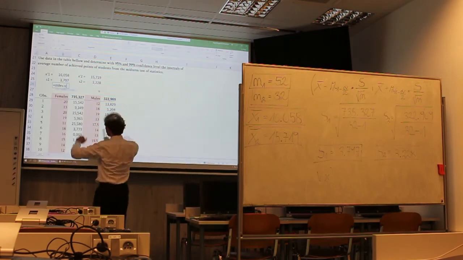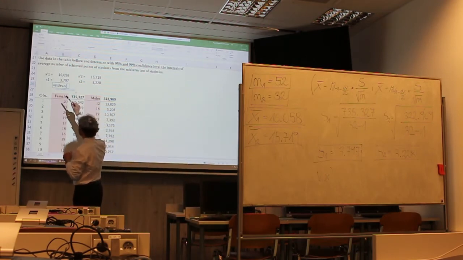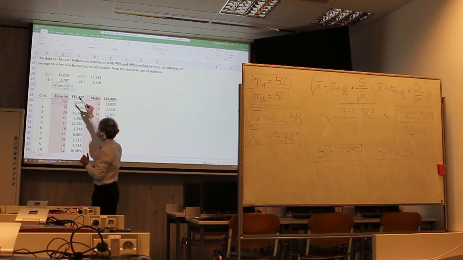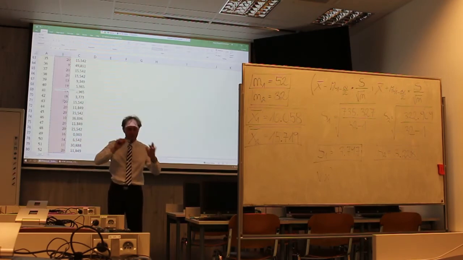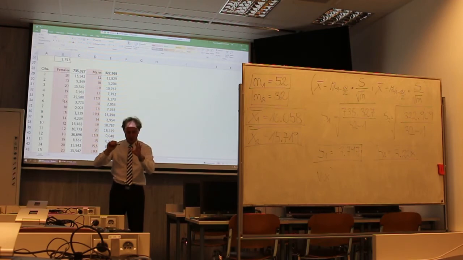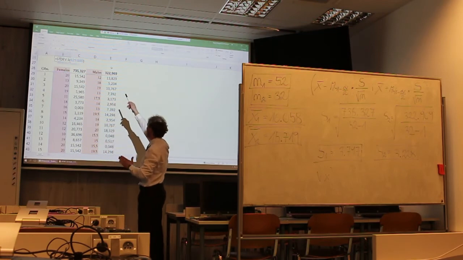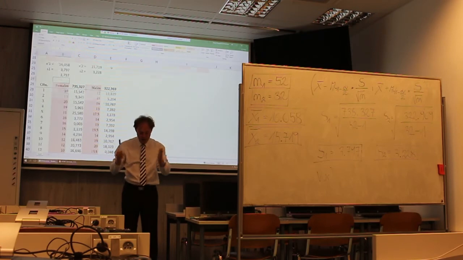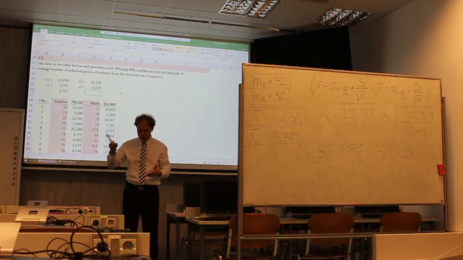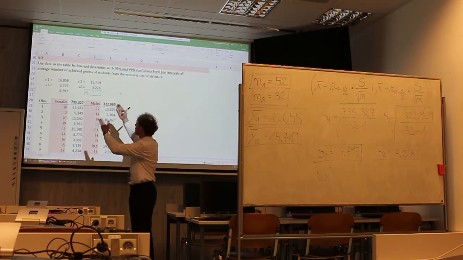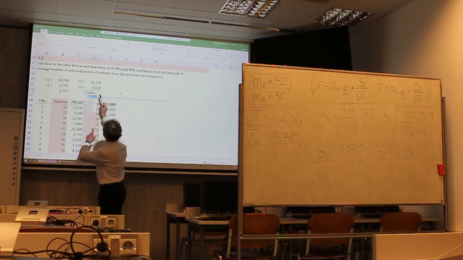You can use the function equal sign STDEV.S, which estimates the sample standard deviation from the data set.